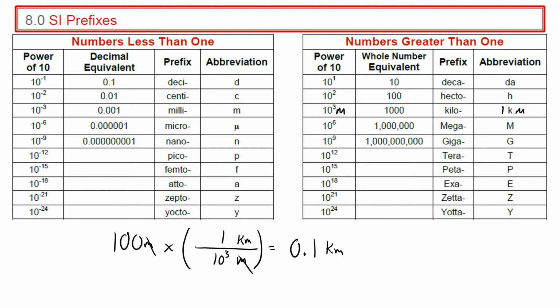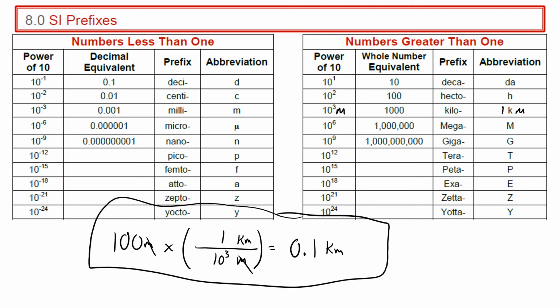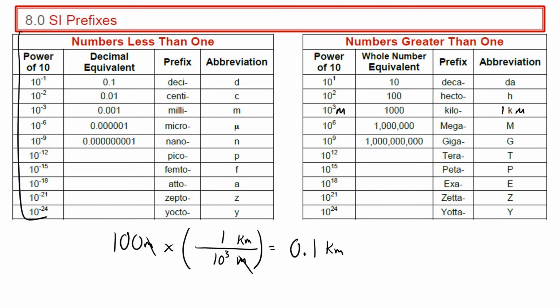So if you're in a pinch and you're not sure where to move the decimal, then you can still fall back to using this method and these powers of 10. Because look at this, you're not going to move the decimal point 24 spaces. Like it's crazy. So sometimes you'll have to use a conversion factor. I'm using the easy example first to show you how to do the process. Once you know the process, you can apply it to harder situations.